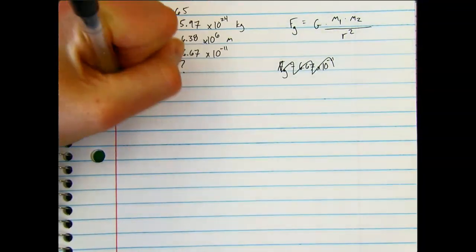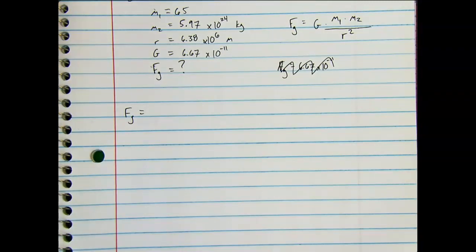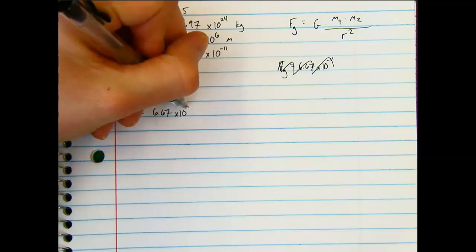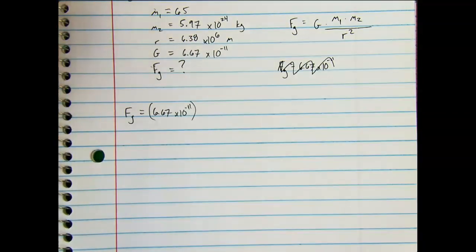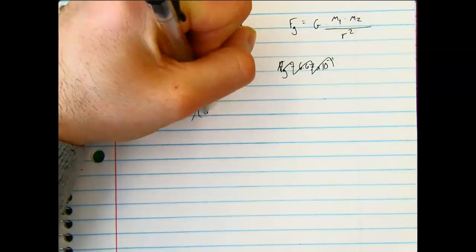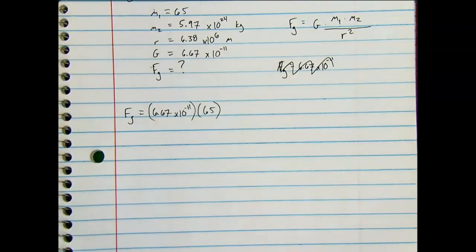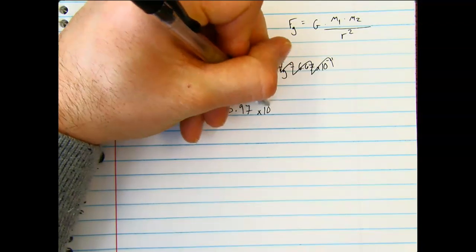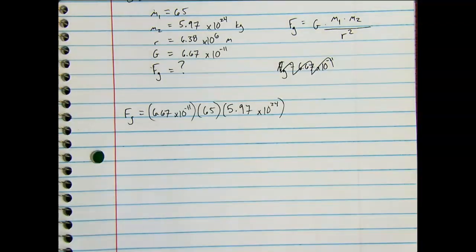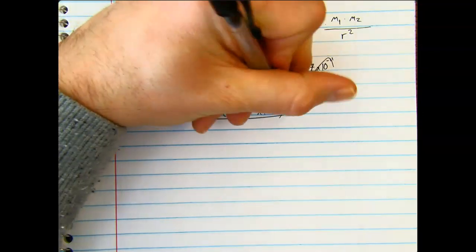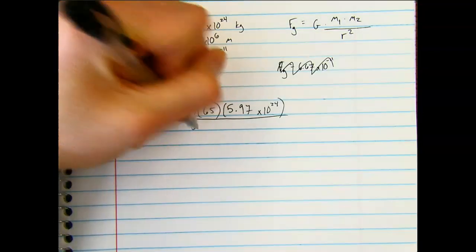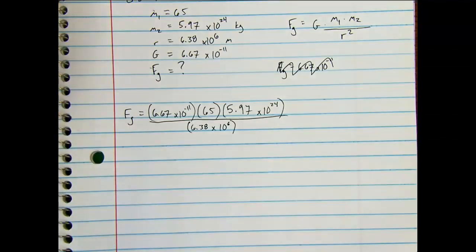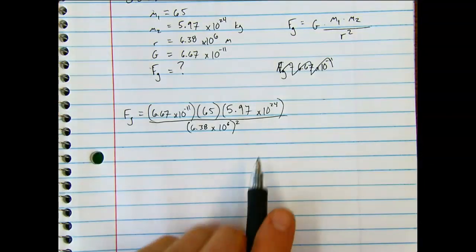So we'll do FG is equal to, let's see, we have 6.67 times 10 to the negative 11th times the mass, 65, and then my other mass, which was some really big number. All right, and then all of that divided by r squared. So my radius is 6.38 times 10 to the 6th, but then I have to square that. So that's going to be squared.